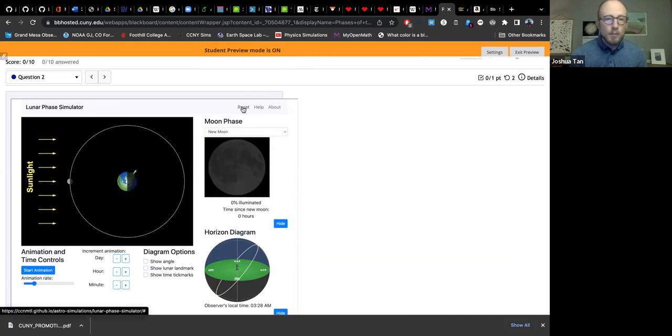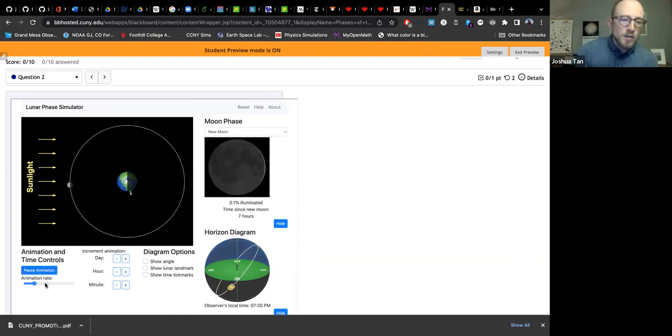So if you get messed up a little bit, try clicking reset, and then maybe you start the animation. Maybe you find it's going a little too slow, so maybe you speed the animation up to see when you get to this point. I'm tracking the illumination, and let's say I was going for a waxing crescent at about 15% illumination. Maybe I pause here. Oh, I'm a little bit too far.